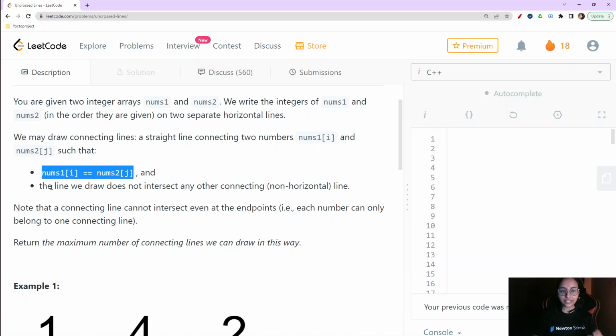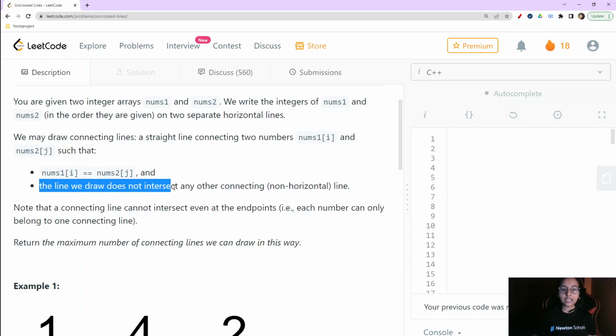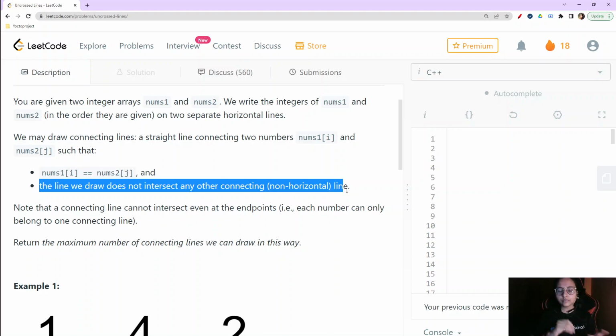This is the condition; only then can we draw a straight line. The other condition is that the line we draw does not intersect any other connecting non-horizontal line. So two arrays are given to us with various integers, and we can connect a line from one integer to another if and only if they are the same. If they are not the same, we can't draw a line between them.